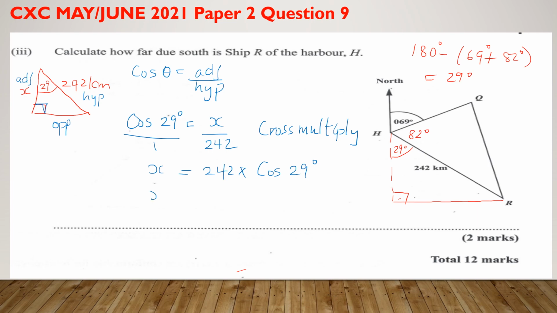So we're going to put that in the calculator. 242 times cos 29, and it's going to give us 211 kilometers. So that's this distance here, 211 km.